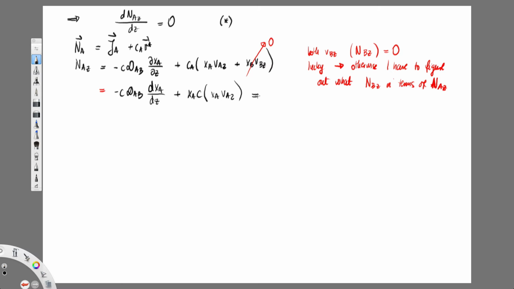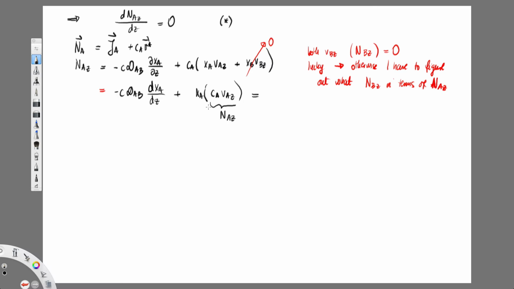Or I can just rearrange it. So I'm going to write it as XA CA, because this is NAZ by definition. So basically I have NAZ is equal to minus C DAB dXA dZ plus XA NAZ.